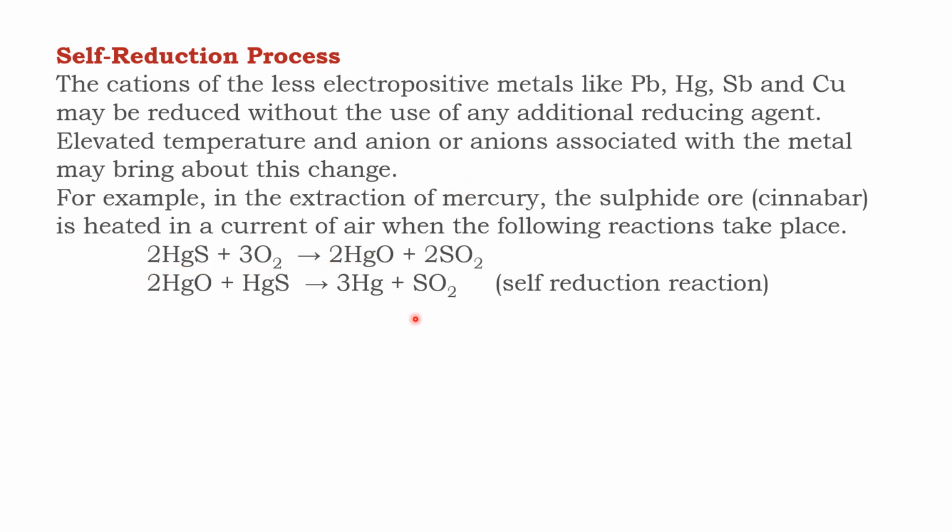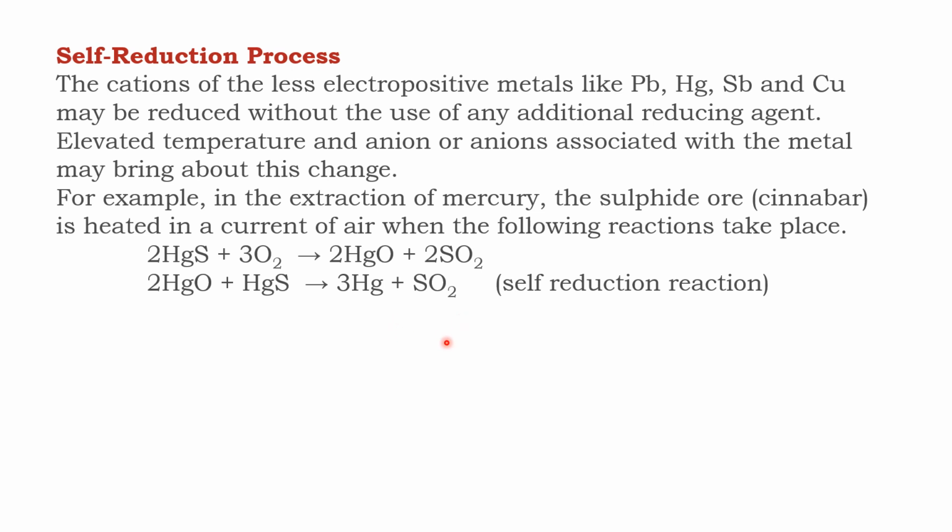so that self-reduction occurs. See here, I have HgS, mercuric sulfide, and HgO. So what happens? I will heat this HgS in presence of HgO so that they undergo self-reduction to form the metal and sulfur dioxide.